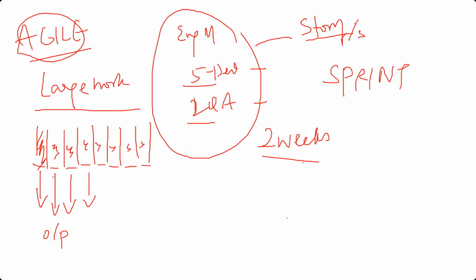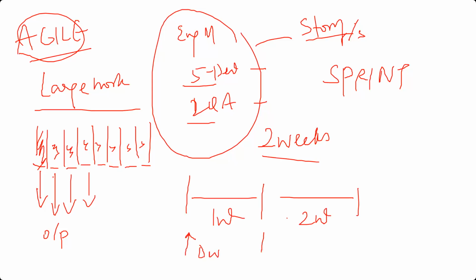In those 2 weeks, imagine this is week one and this is the second week. In week one, the developer will start developing. By the time it reaches the end of week one, the stories built by the dev team are sent to the QA team. The QA team tests it and shares the feedback with the dev team.